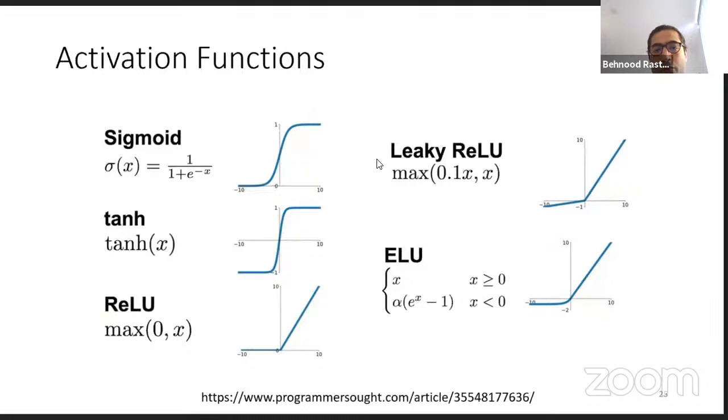And you have leaky ReLU and ELU, which work slightly differently for negative values compared to ReLU. I would say ReLU and leaky ReLU are the most common ones to use in deep networks.